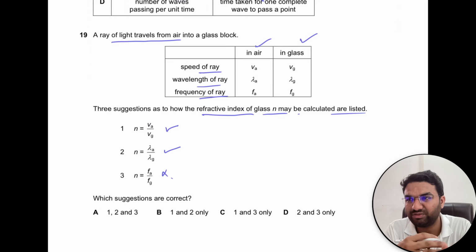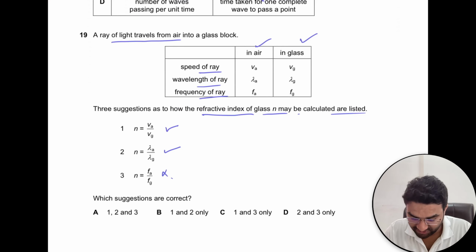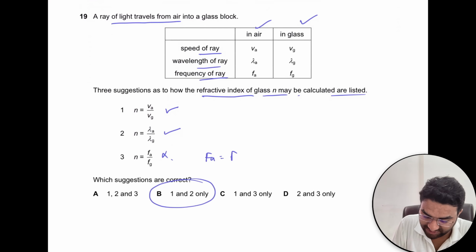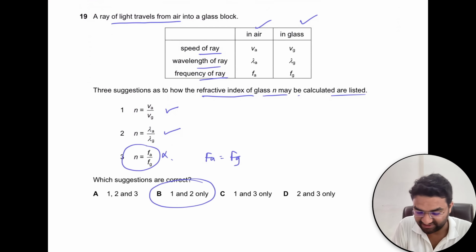Refractive index, I hope you know the definition, is the ratio of speed of light in vacuum over speed of light in the medium, isn't it? The frequency of light remains constant as it passes from one medium to another, isn't it? So the more appropriate answer is B, because here frequency FA is equal to FG. So this doesn't make sense. All right. So B is the correct one.